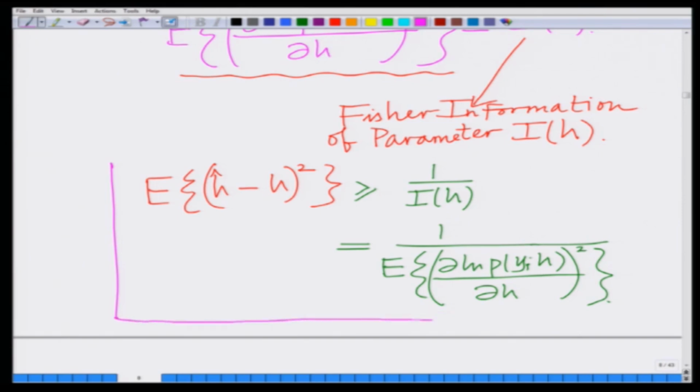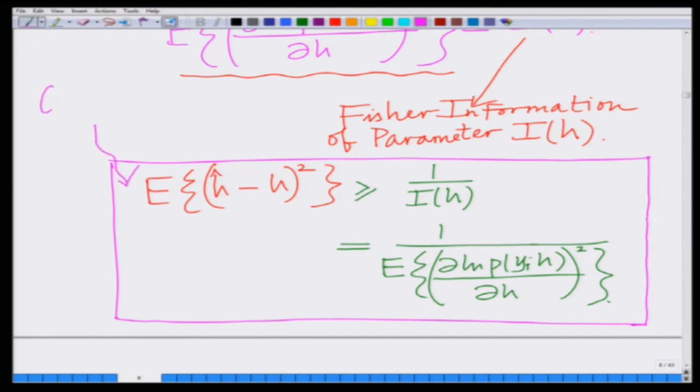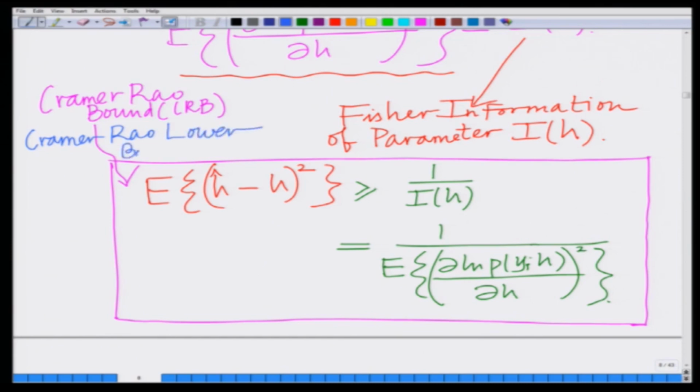This is basically the result for the Cramer-Rao bound. Let me again write this explicitly, this is again the Cramer-Rao bound for parameter estimation, or basically the Cramer-Rao lower bound for the estimation of the parameter h.